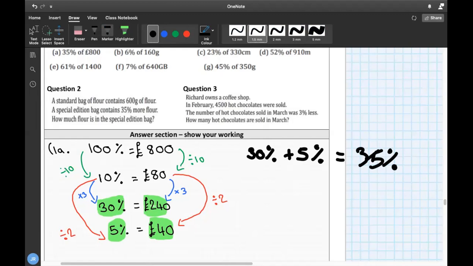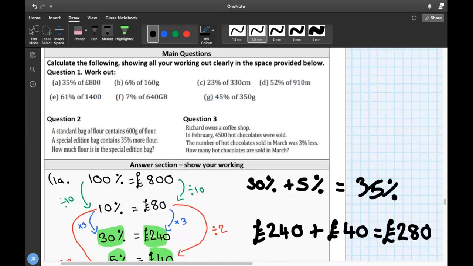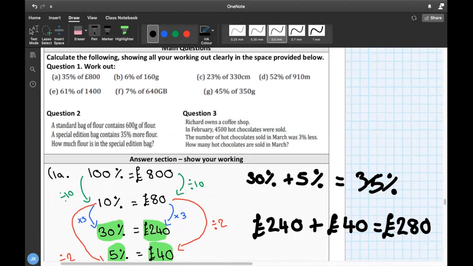And so I need to do the same with my amounts. I had 240, add 40, and that gives me my final answer. 35% is 280. Okay, right, I'm just going to write that in there. We had question 1A. That was £280.